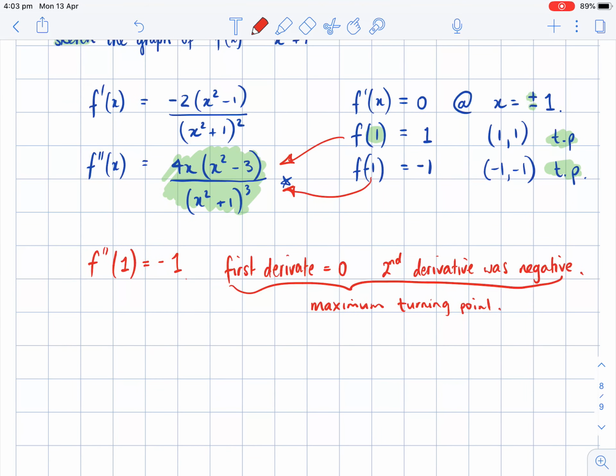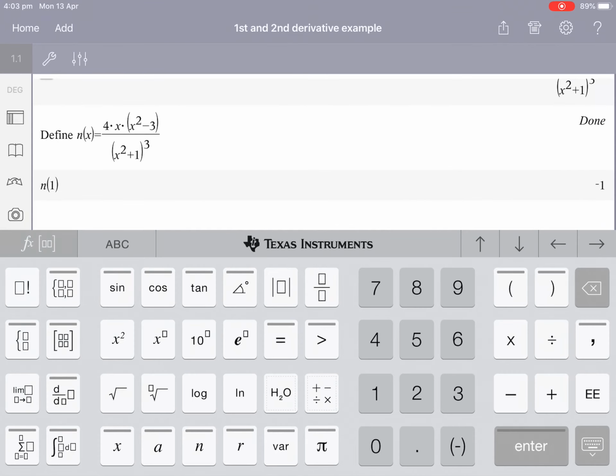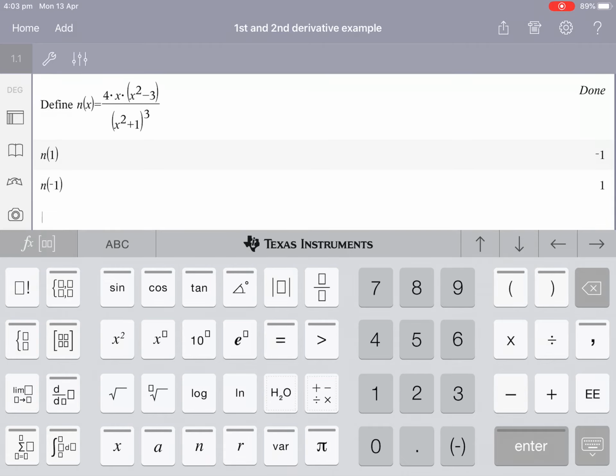Alright, let's see what happens when we put in the negative value. So we go to my second derivative, and I now want to substitute in -1. Hit enter, and I get +1. So the second derivative is positive at -1.